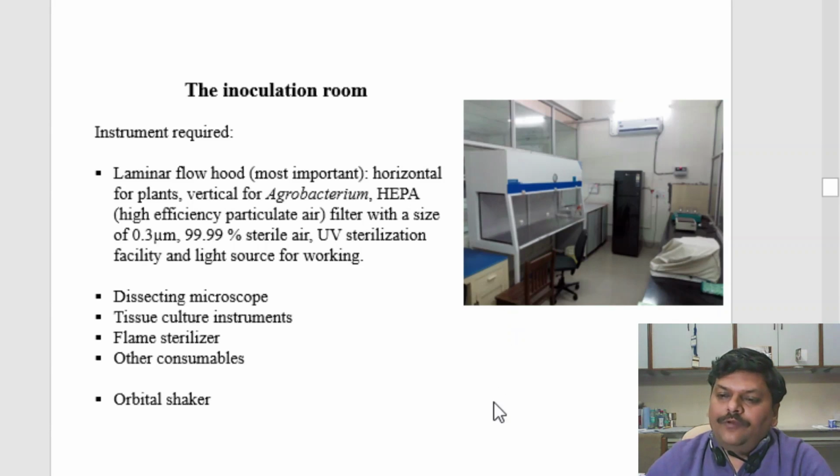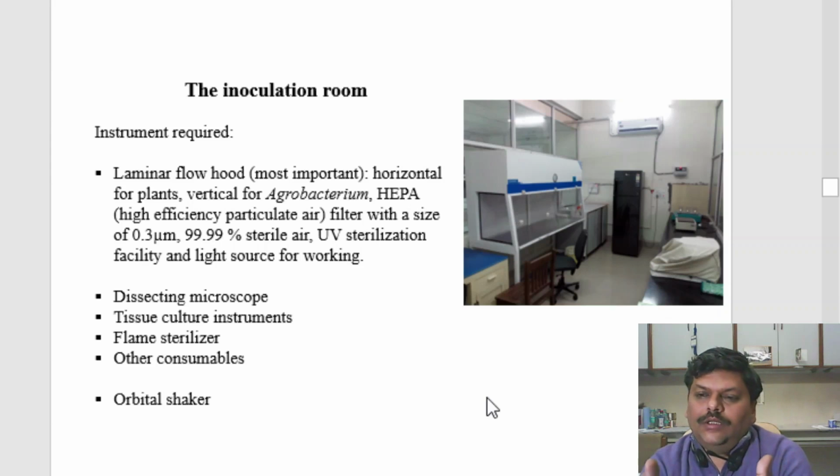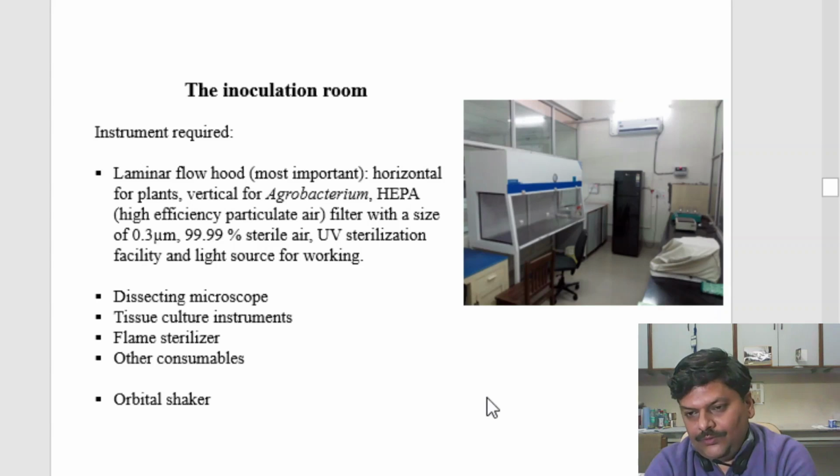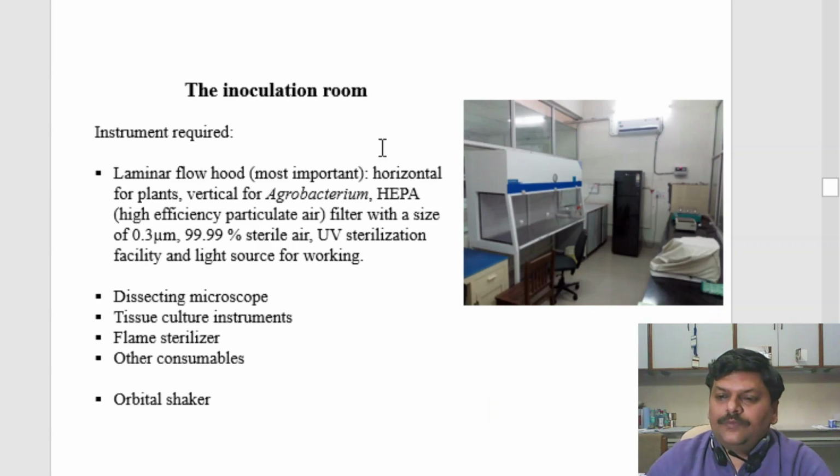So apart from getting sterile explant, sterile nutrient media, and sterile apparatus used for plant tissue culture, sterile air is created with the help of HEPA filters in this laminar airflow hood, so that no contamination or microbes can infect our plant tissue culture practices during development of tissue culture grown plants.